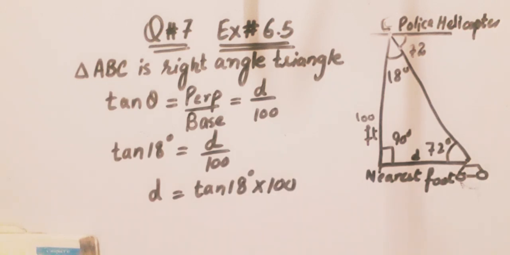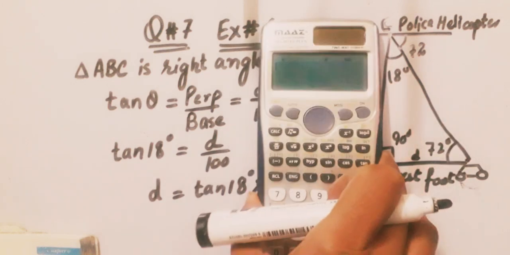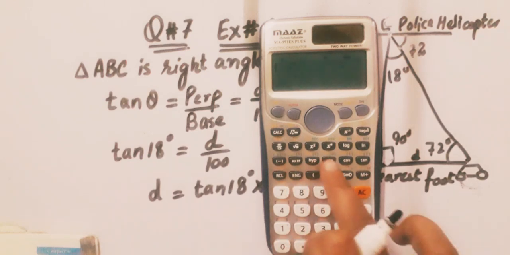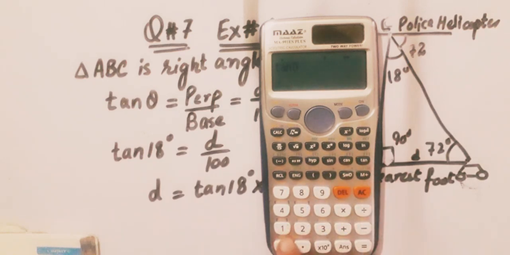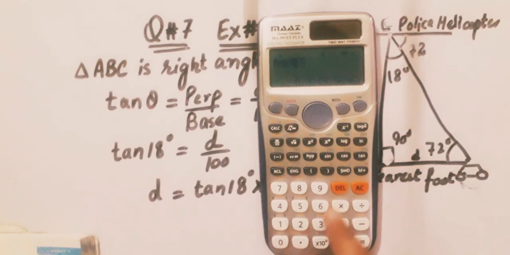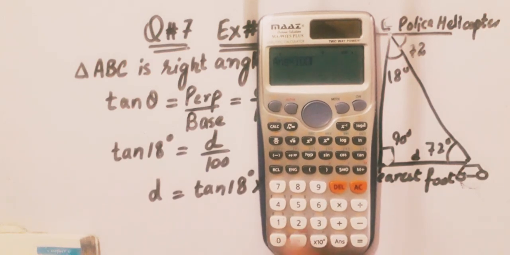Now we will calculate the value with the help of a calculator. Tan 18 multiplied by 100 is equal to 32.49.